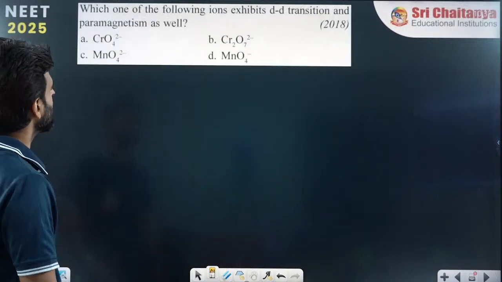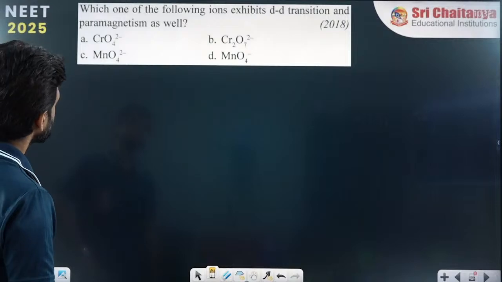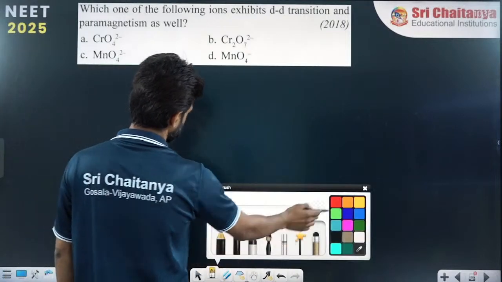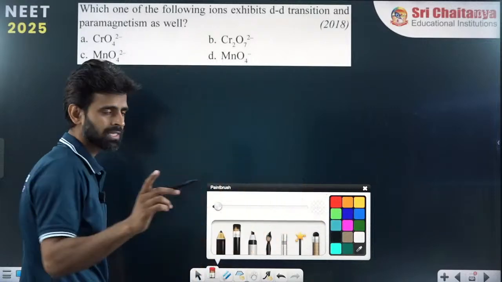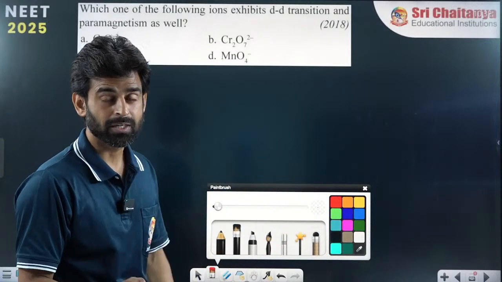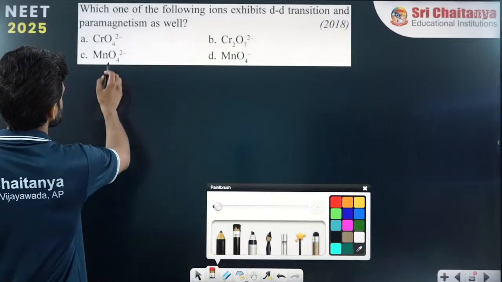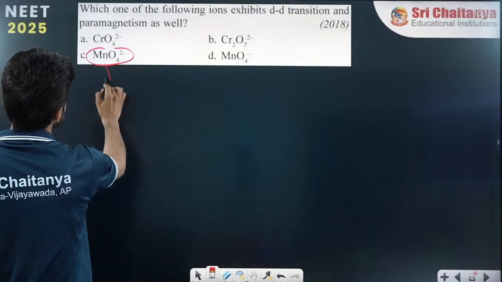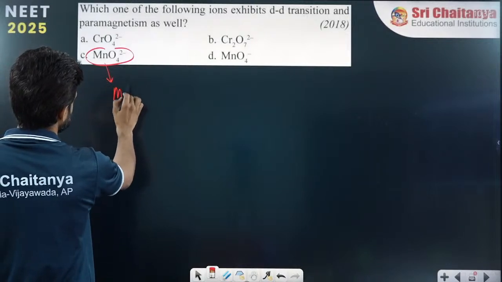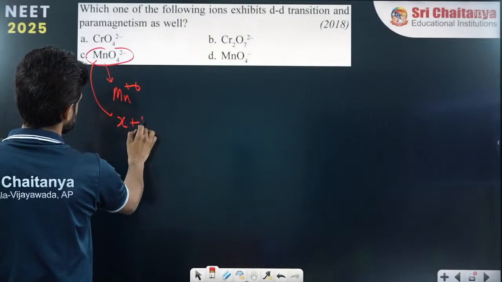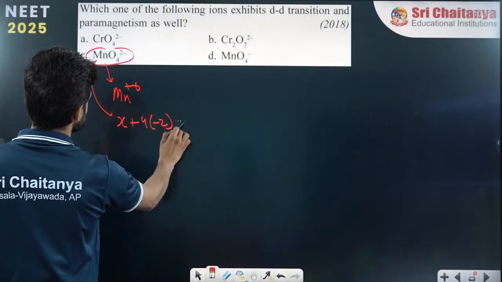Which among the following ions exhibits the d-d transition? Out of these 4 ions, it's a very important question: only one ion shows its color because of d-d transition. Remaining 3 ions show their color because of charge transfer, right? If you look at this one here, in MnO4 2 minus, Mn is not plus 7, Mn is actually plus 6. You can see X, 4 into minus 2 equals minus 2.